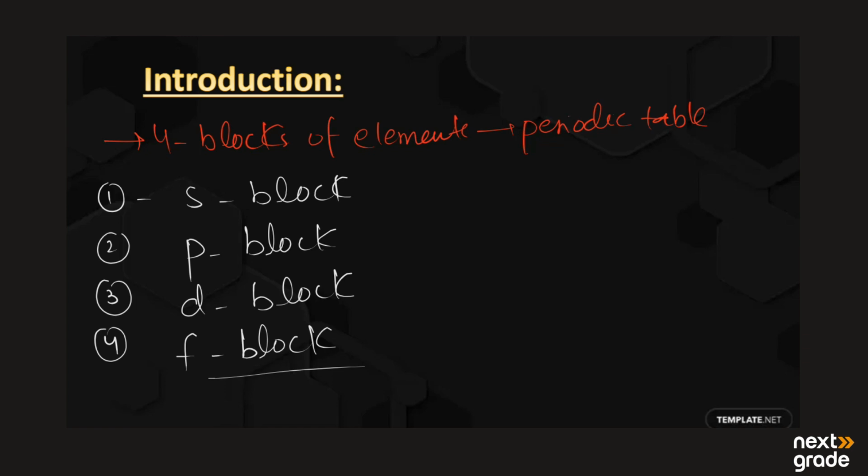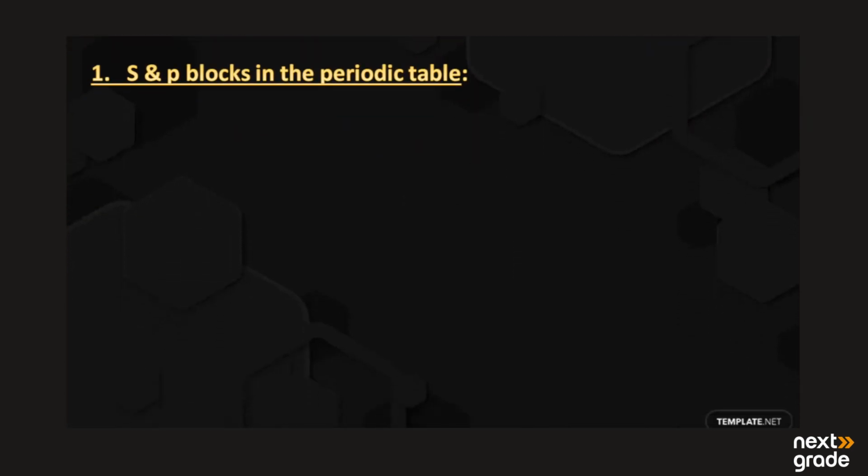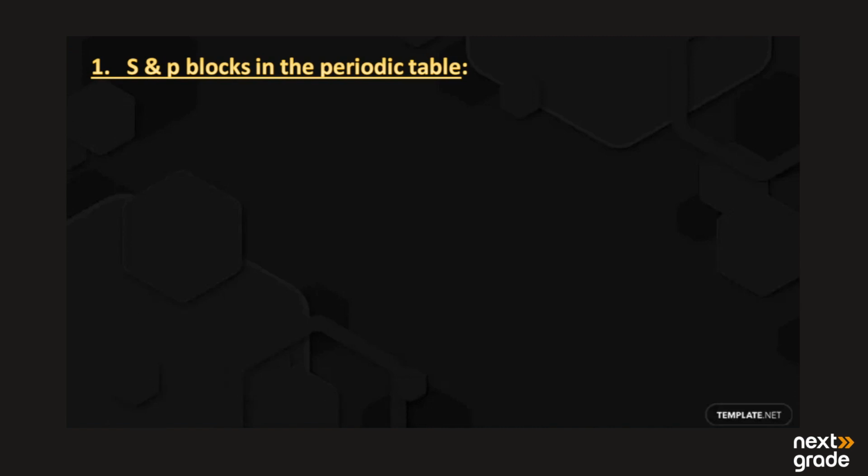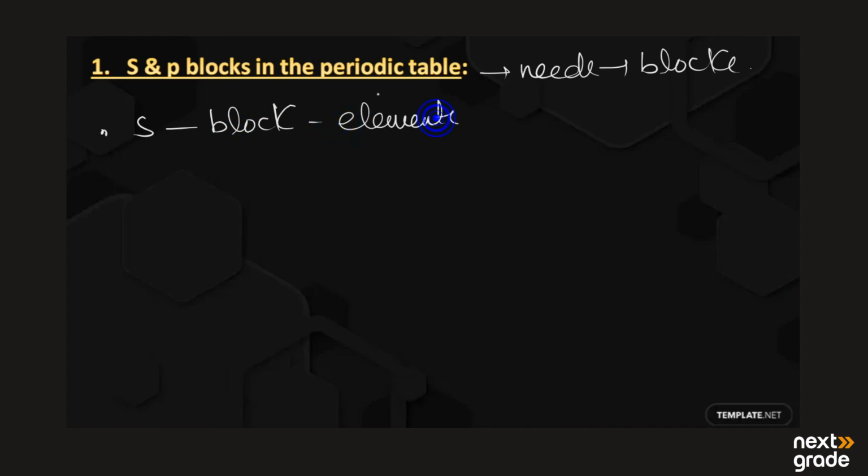So let's discuss the blocks one by one, starting with the S and P blocks. The question arises: why is there a need to divide the periodic table into blocks? The answer is that S block elements have their valence electrons in the S subshell, so that's why they are known as S block elements.